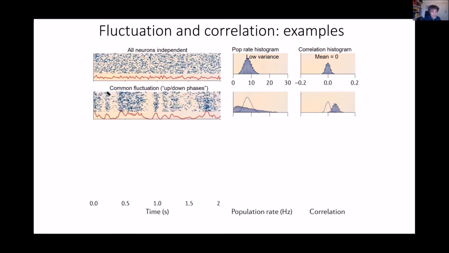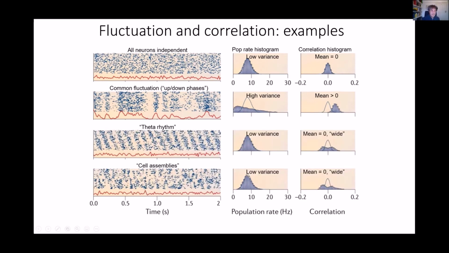Now if we go back to this case where we have the common fluctuations, the population rate has a high variance and the correlations have a mean greater than 0, as you expect from the equation we saw on the previous slide. So this is a synchronized state, and this is a desynchronized state.